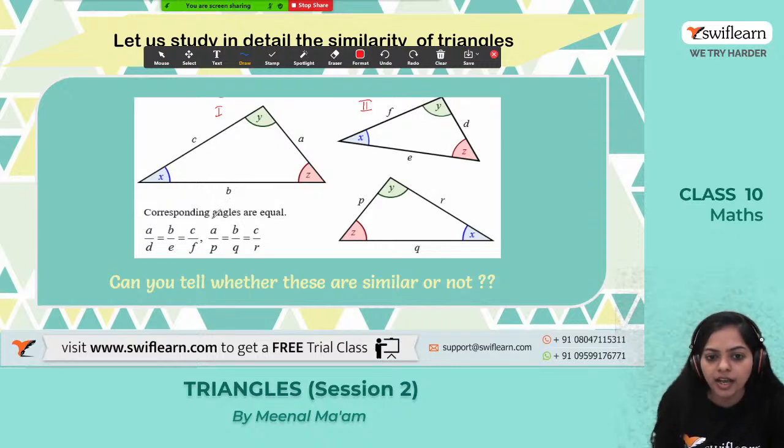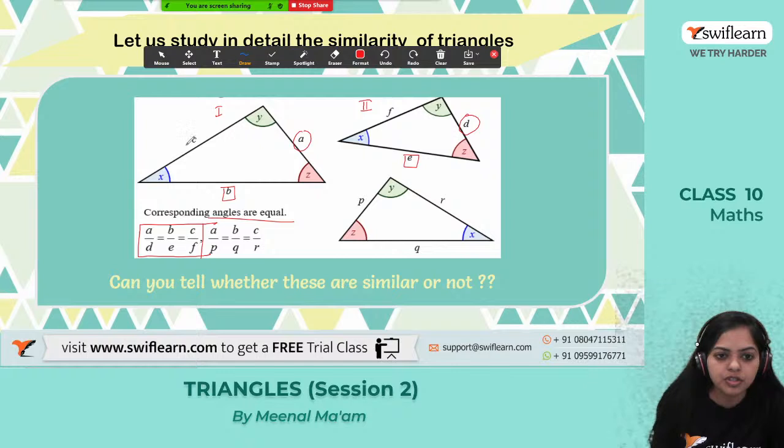Their corresponding angles are equal and the ratio of their corresponding sides are equal. So A upon D is equal to B upon E is equal to C upon F. This is the condition. The corresponding angles are equal: X equals X, Y equals Y, Z equals Z.